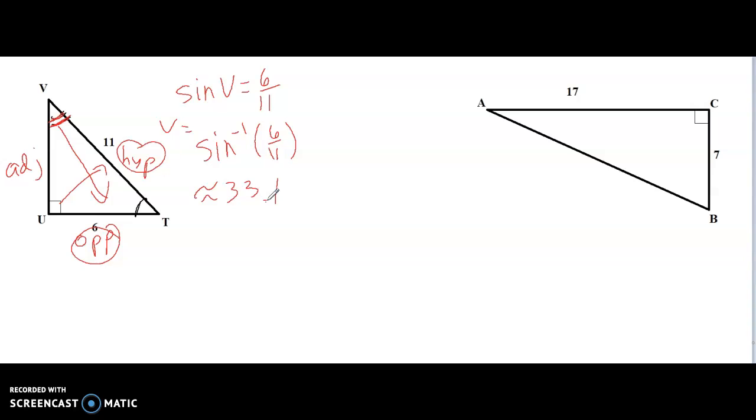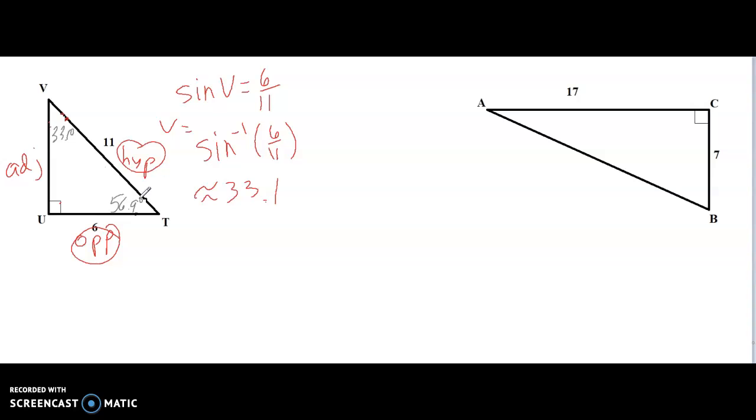If I were to clear this out, I could indicate that this angle here is 33.1 degrees. If you remember, this angle over here was 56.9 degrees. So I have a 33.1 degree angle, a 56.9 degree angle, and I am done.